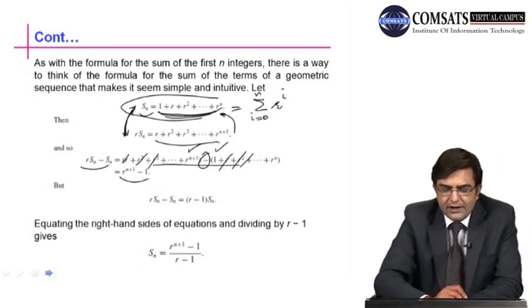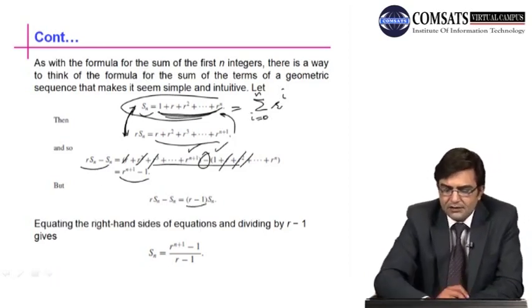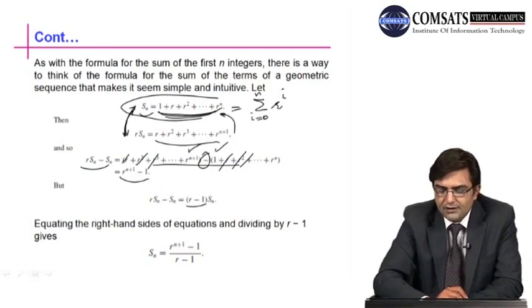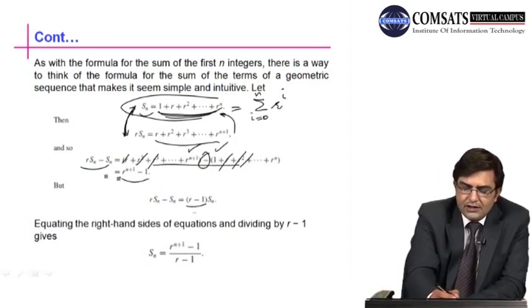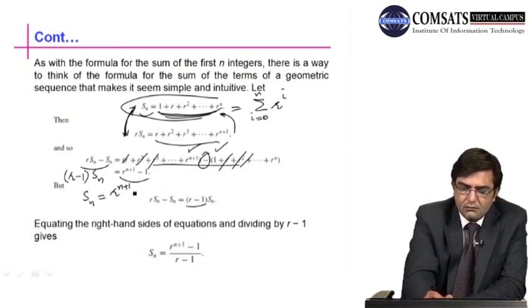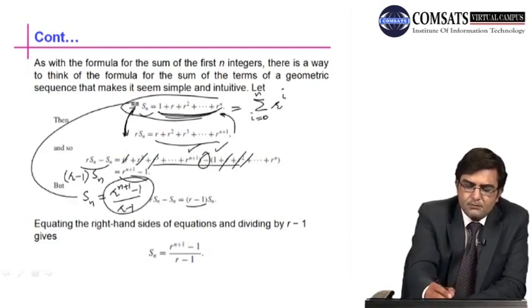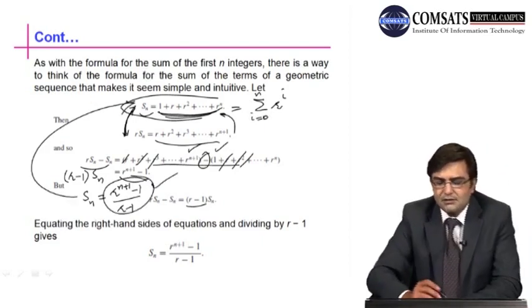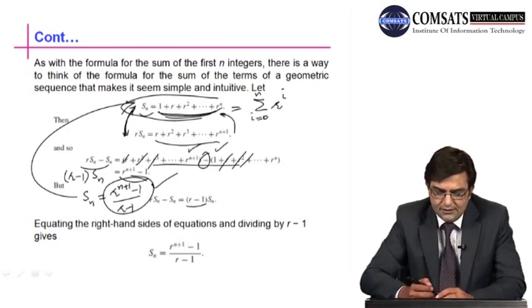From here we take common Sn, which is r minus 1 into Sn. So dividing on both sides by r minus 1, we get r power n plus 1 minus 1 divided by r minus 1. So the sum is basically equal to this. This is how we can derive this series.